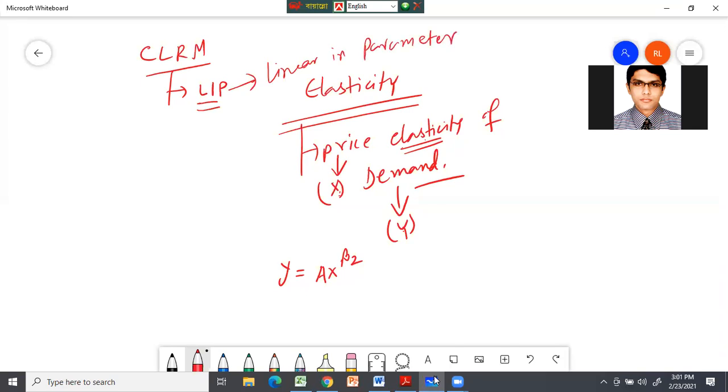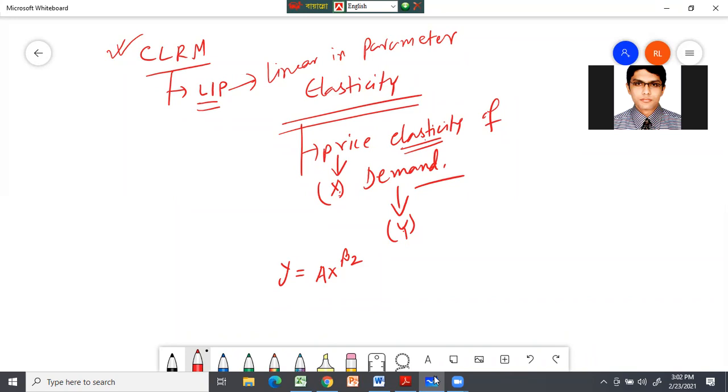So our regression model's parameters must be in linear form. Whatever the formation of the variable is, whether it is linear or non-linear, doesn't matter. The matter is whether my parameter is linear or non-linear. If it is linear, then it is consistent with the CLRM assumptions. But if the parameter is not linear, then it is not consistent with the CLRM assumption.